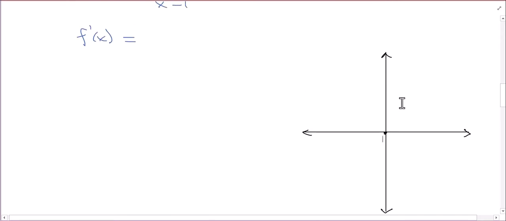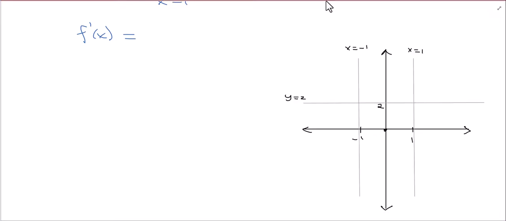So I'm going to go over here to my negative 1 and 1 and draw my vertical asymptotes. So we have our vertical asymptotes and our horizontal asymptote, and that gives us an idea of where our graph is going to land.